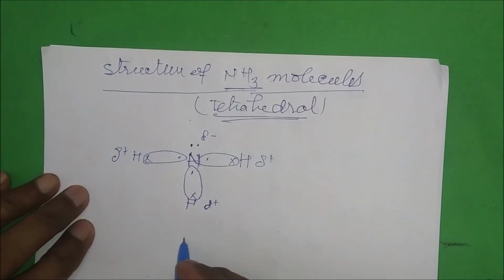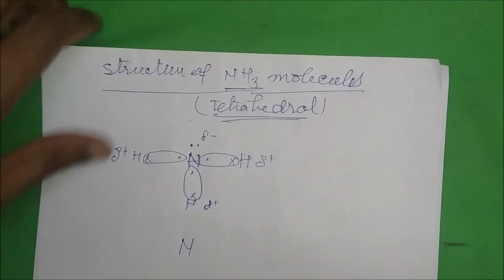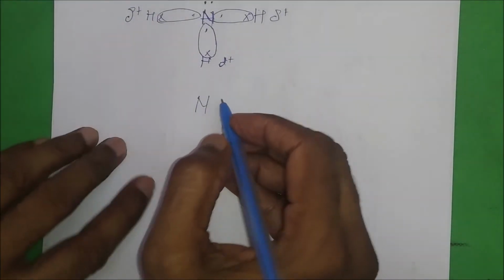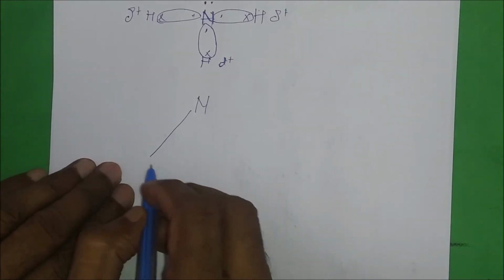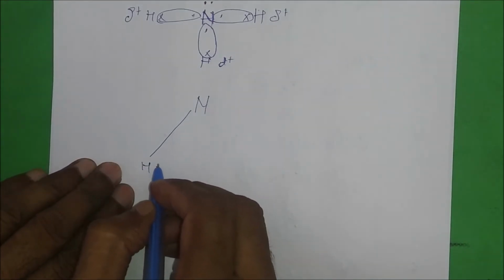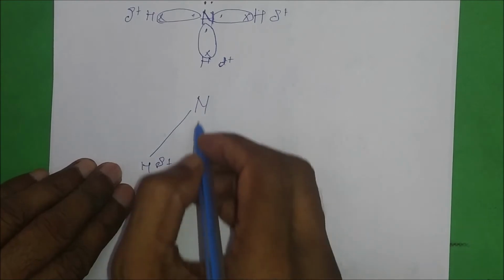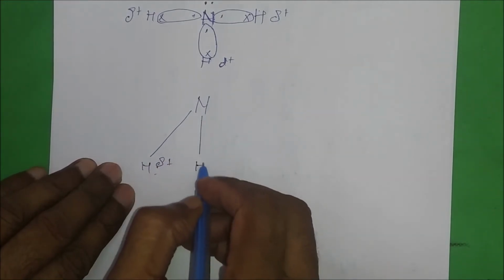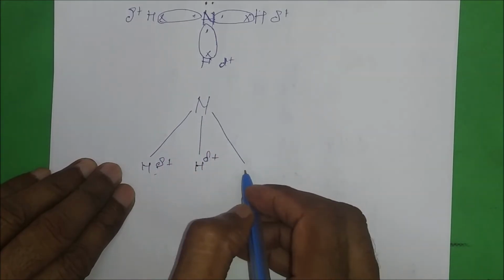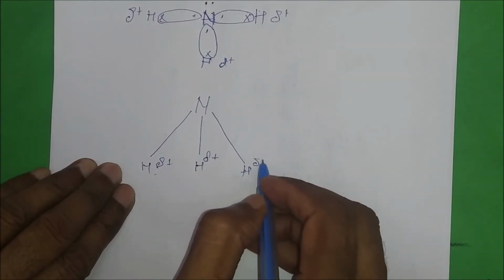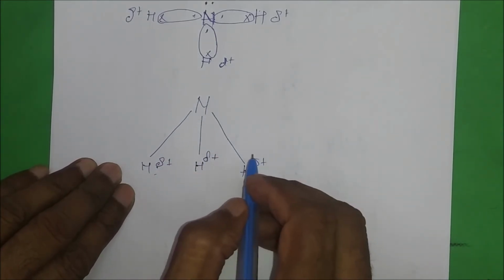So how has ammonia been formed? Look here, that is your hydrogen, a delta plus hydrogen here. This is also a delta plus hydrogen. That is also delta plus. Is it clear?